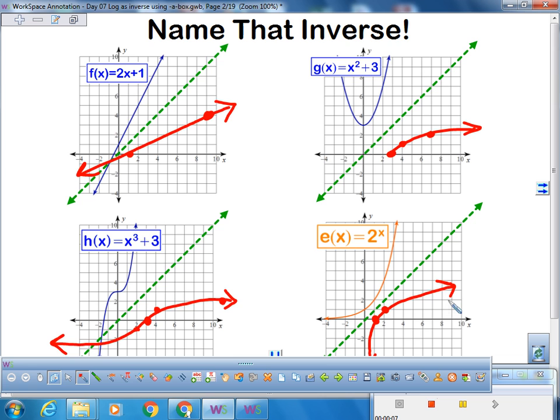Well, what do you notice on this one? What has to be? X has to be greater than 0. Make sense? So on this one, y has to be greater than 0, right? It's never going to hit 0. But on this one, x always has to be greater than 0. So it's just the inverse.